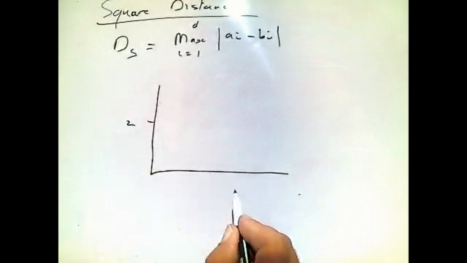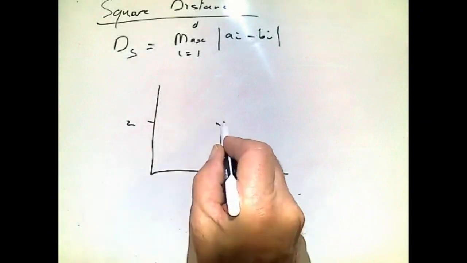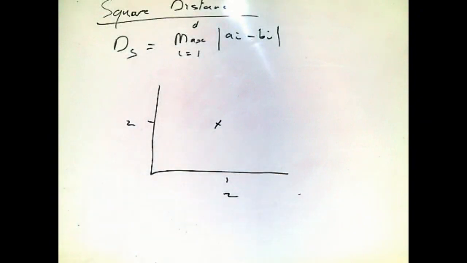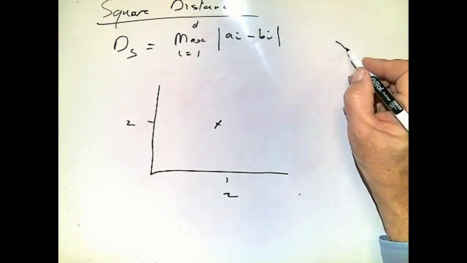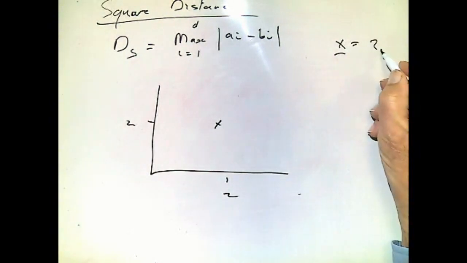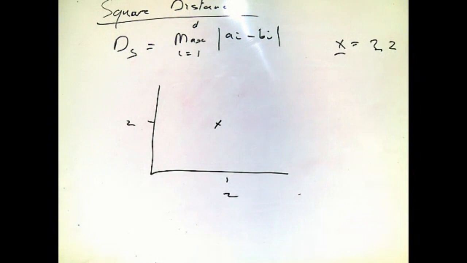let's take a point 2,2. Right, x equals the vector 2, 2. Somebody give me a distance using that, which is 1 from 2, 2. 1, 2, great.